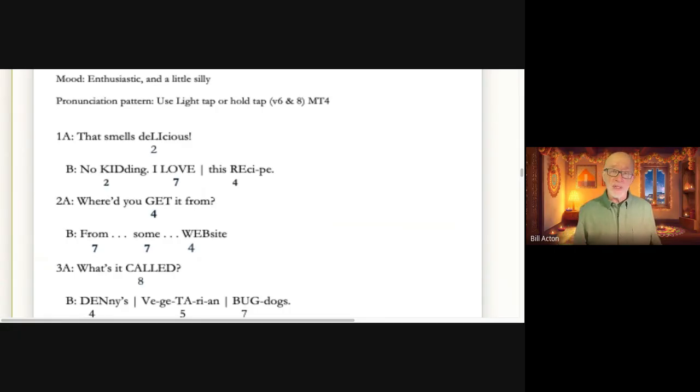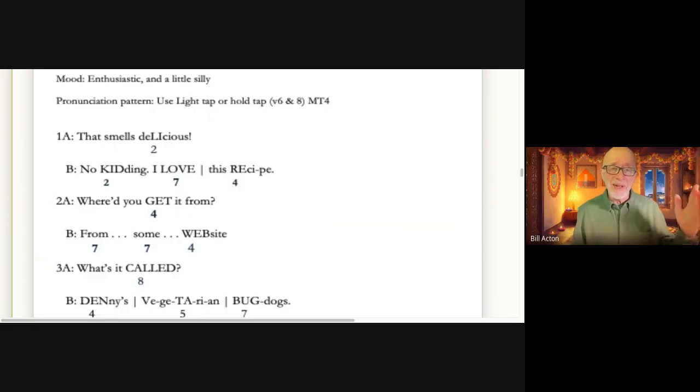The idea here is that we will do each sentence, but usually only one stressed vowel for each group of words. So, for example, that first 1A is: That smells delicious. That smells delicious. So that's one rhythm group, one group of words, one stressed syllable. Delicious. Delicious. That 2 should be a little bit further over there.